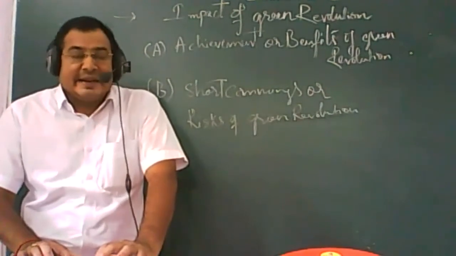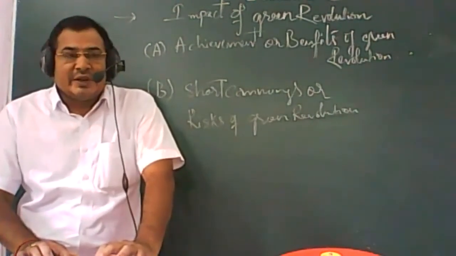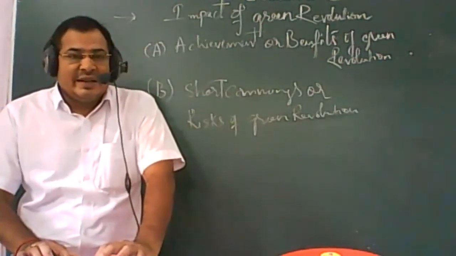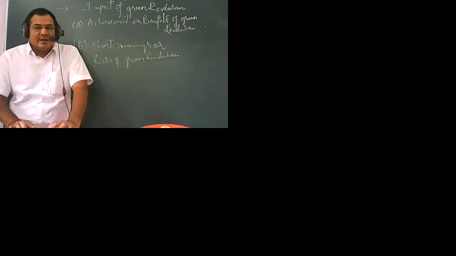So an increase in productivity was seen in the Indian economy, where it was a symbol of the green revolution. In this way, production increased tremendously, which made survival possible for the people. So the first point regarding the achievements of the green revolution was increased productivity.